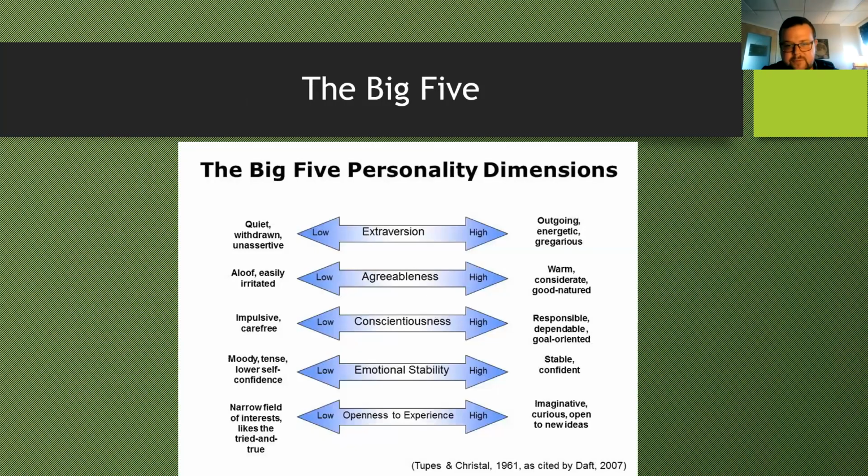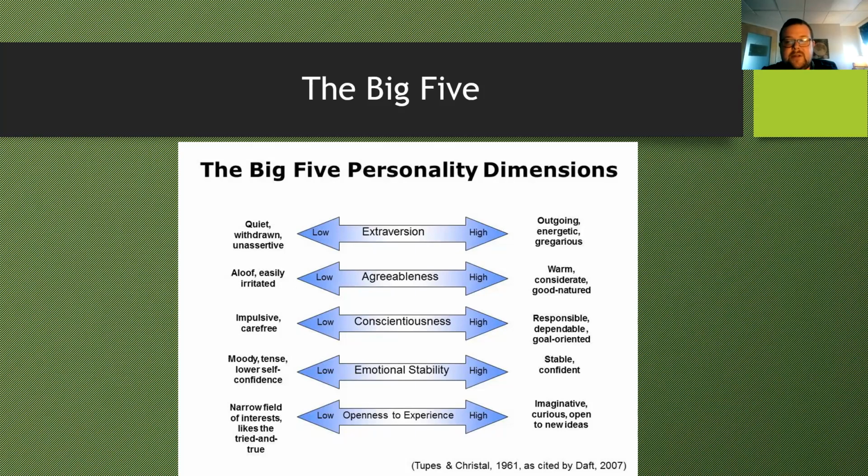Okay, the next very common personality model that most of you have probably already been exposed to in some way is the Big Five. The Big Five is a conglomeration of a lot of different trait theories and trait theory research throughout the years.